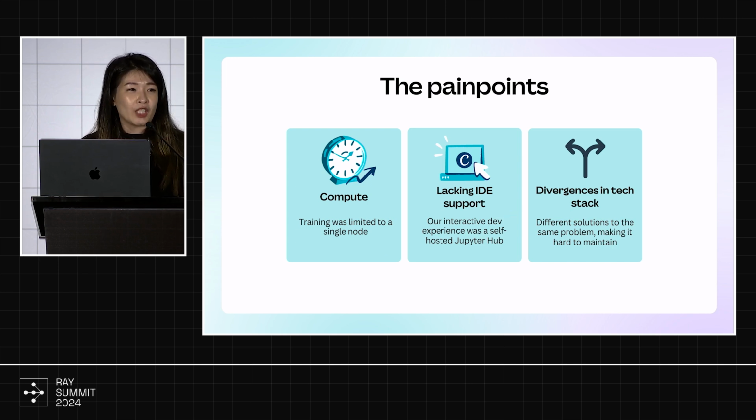If you wanted to prototype in a bigger compute instance, your only option at the point in time was a Jupyter notebook in our Kubernetes cluster. Lastly, we had divergences in tech stack. We had another ML platform team in Europe that was working on a completely different stack. So this lack of a unified model training and prototyping experience made it really hard for us to maintain.